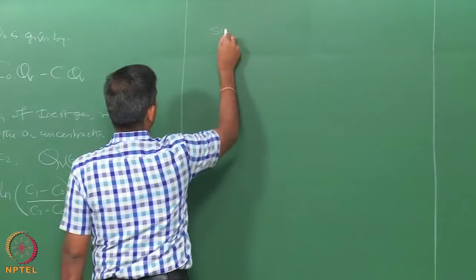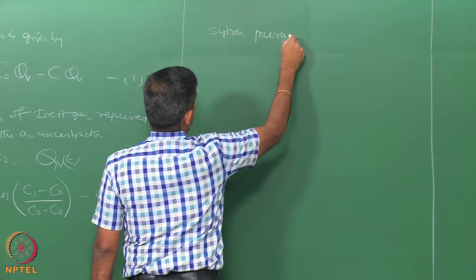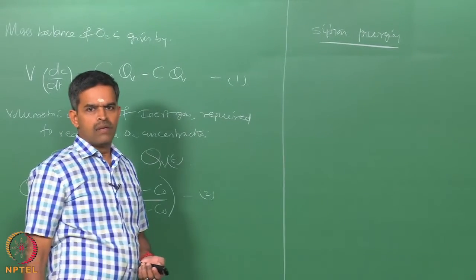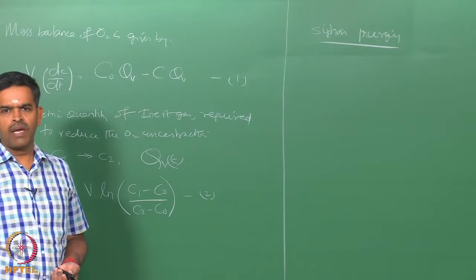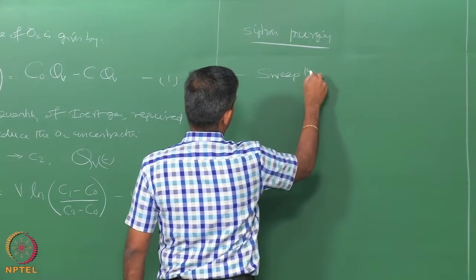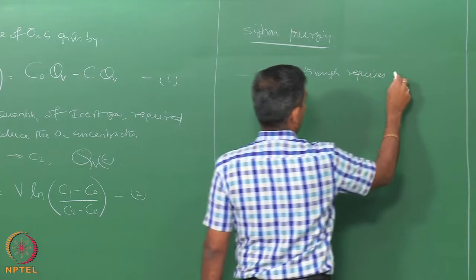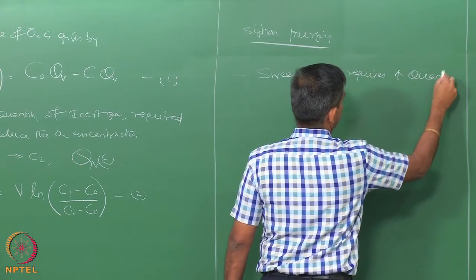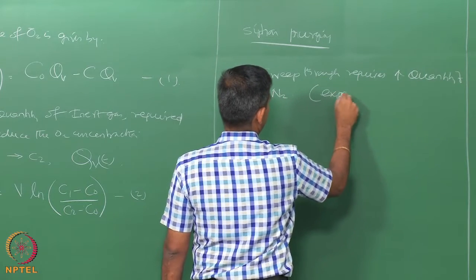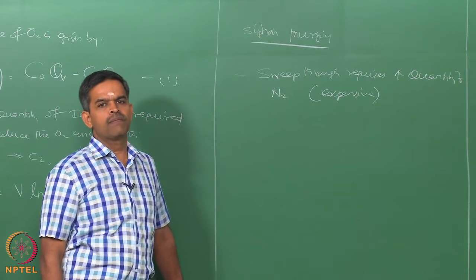The other kind of purging operation which people generally do in the process industry is called siphon purging. Sweep through purging has one main demerit. It requires a high quantity of nitrogen. Therefore, one can say this is expensive compared to the vacuum and pressure purging.